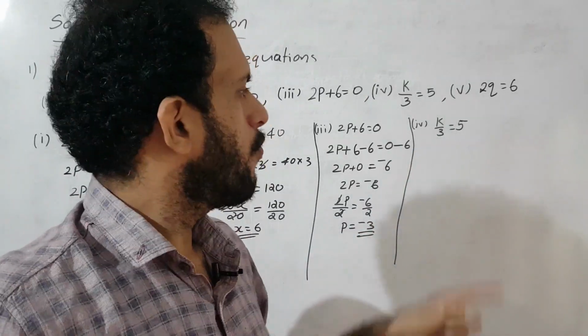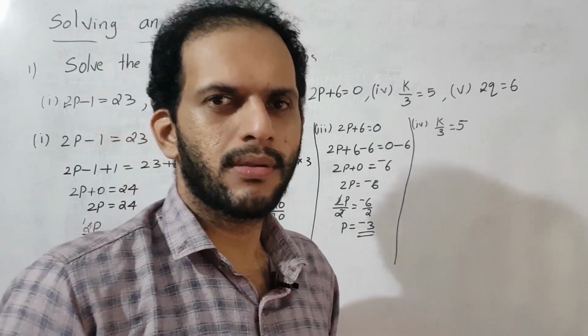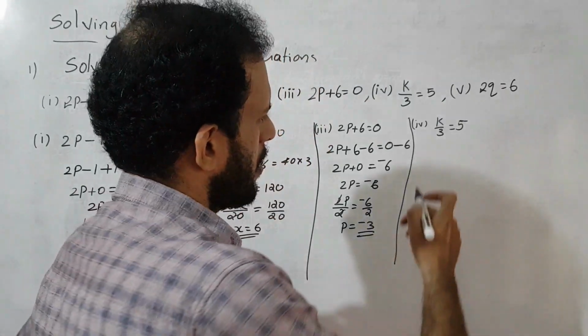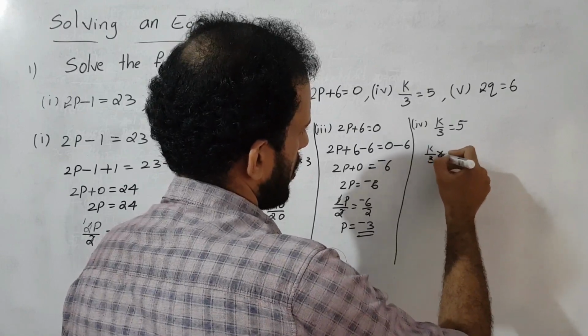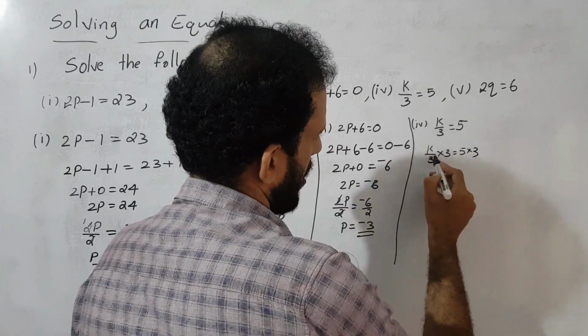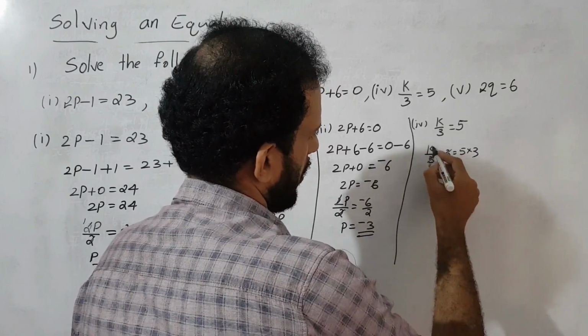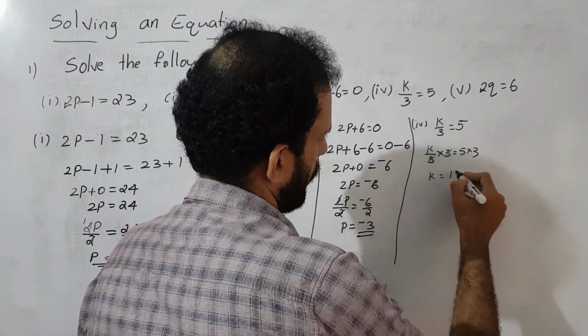K and 3 we are dividing, so to remove the 3 we multiply both sides by 3. The next step, k by 3 into 3 is equal to 5 into 3. Then we cancel 3 and 3. Then what remains here? K is equal to 15.